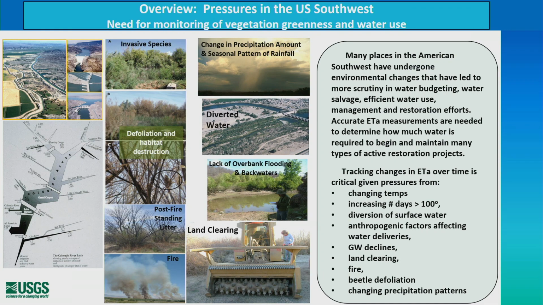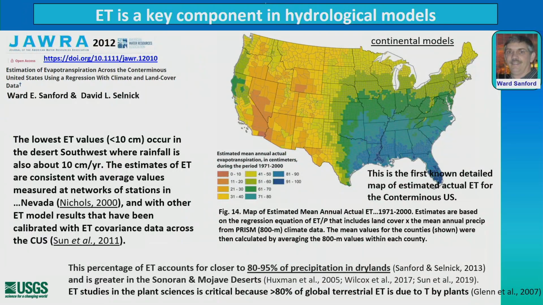We look at defoliation and habitat destruction, particularly from things like the tamarisk beetle, but there's lots of types of beetles that are defoliating our nice green landscape. And of course, fire and post-fire is one of the big issues. The other thing is that it's been in the news quite a bit recently where you have so many days of over 100, 110 degree days over time.